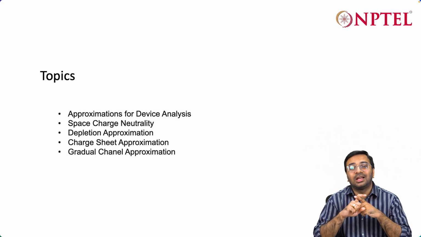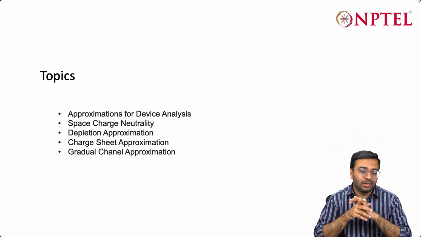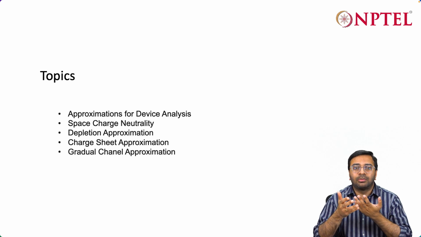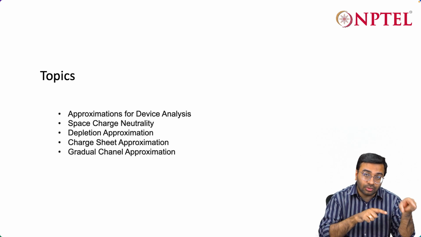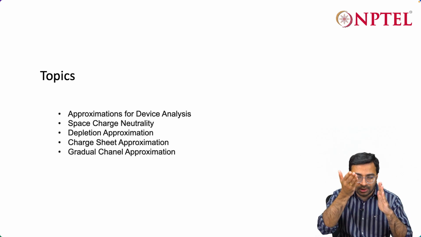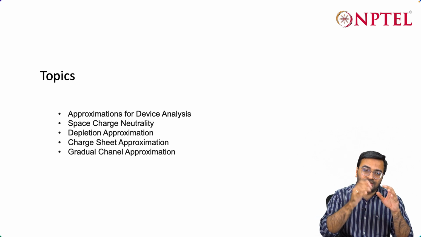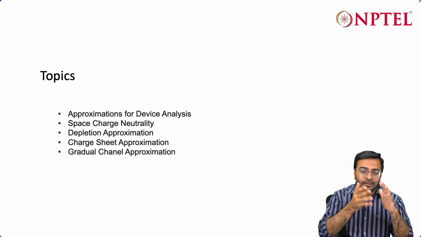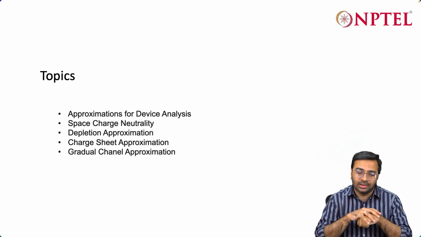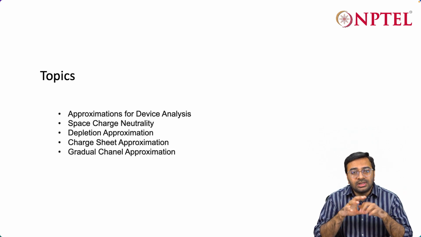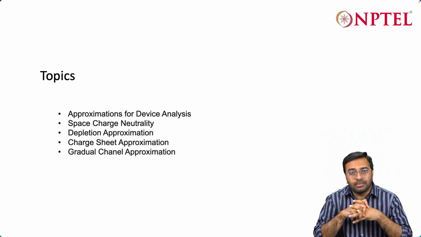Then you have to rethink about those approximations. So I have mentioned one important approximation is Boltzmann approximation. We have dilution approximation. We have parabolic approximation. Parabolic approximation is related to density of states, where we have considered the nature of the states as parabolic, if you remember. If you don't remember, again you can go back and check the lecture. So these are some of the important approximations.